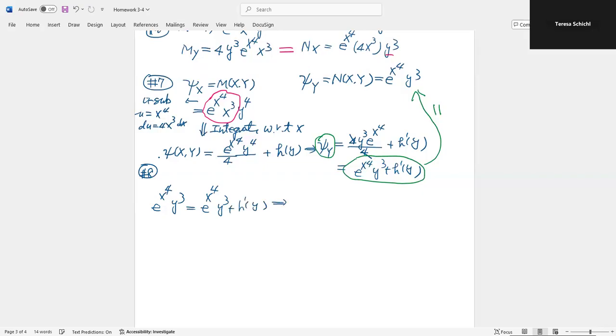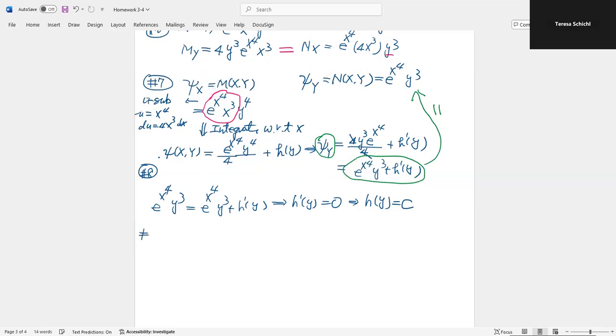That means h prime y equals 0, right? So if h prime y equals 0, if you integrate, h(y) equals some constant c.